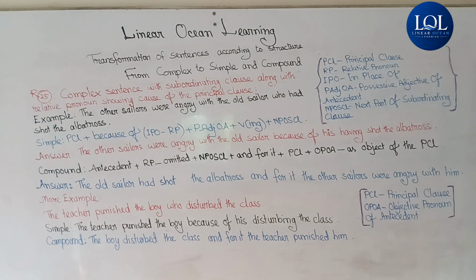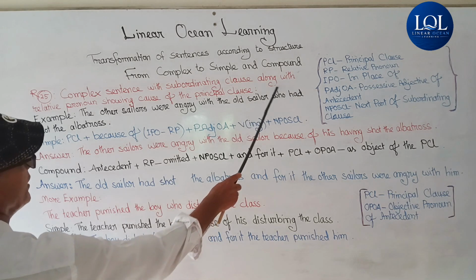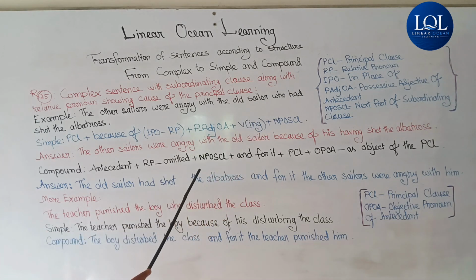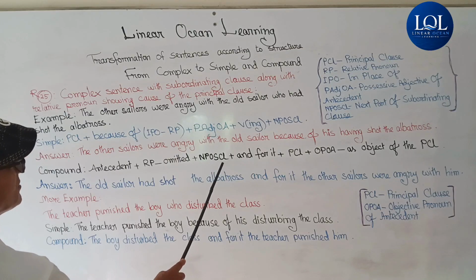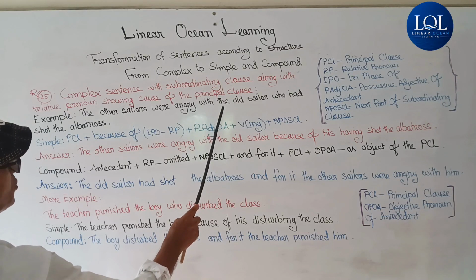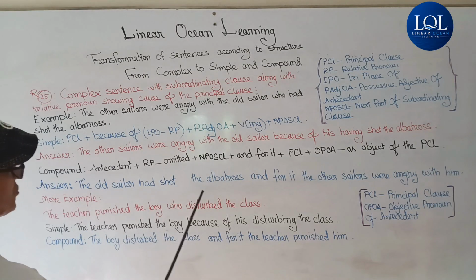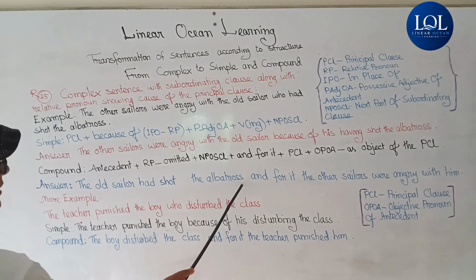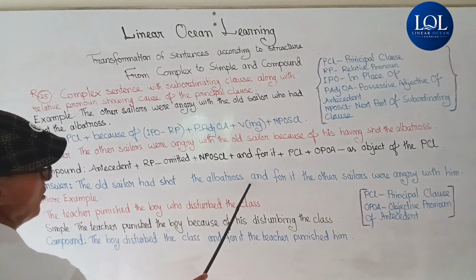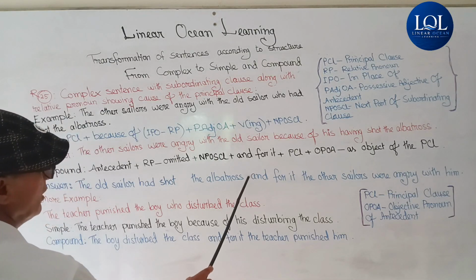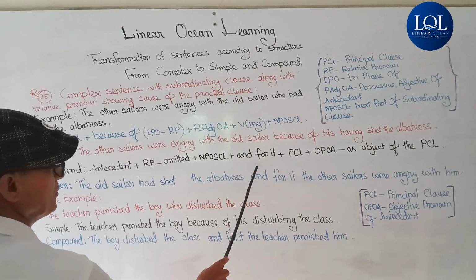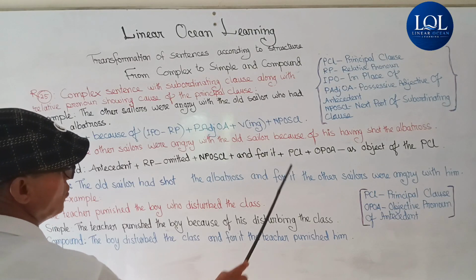Now, if we want to put it into a compound sentence, the structure we have to follow is: antecedent, here the old sailor, plus relative pronoun omitted. We have to omit the relative pronoun who, plus next part of subordinating clause, then it comes to be: The old sailor had shot the albatross. After that we have to write and for it, or we can also write and so, or and this is why.